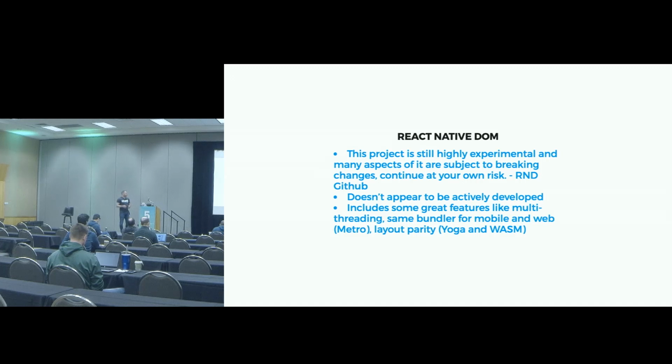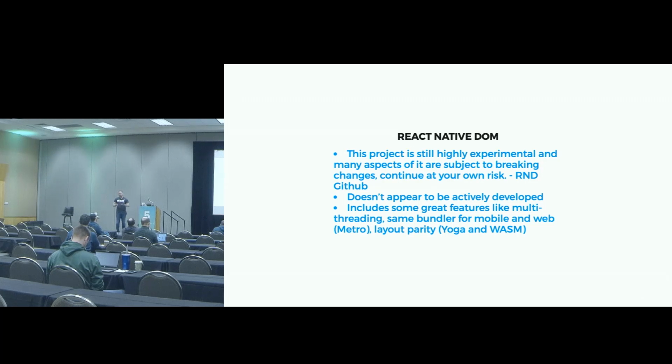And then you have layout parity. I talked about the subset of CSS earlier and using Flexbox with React Native. There's this package called Yoga that makes that all work, so that CSS designed for the web actually translates well on mobile.